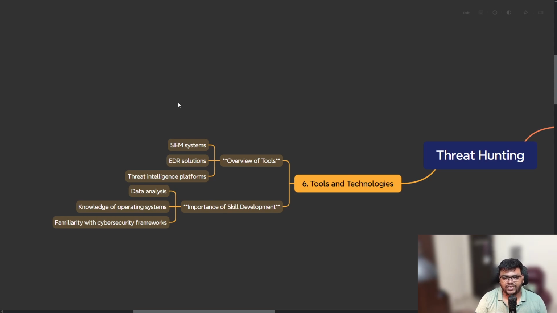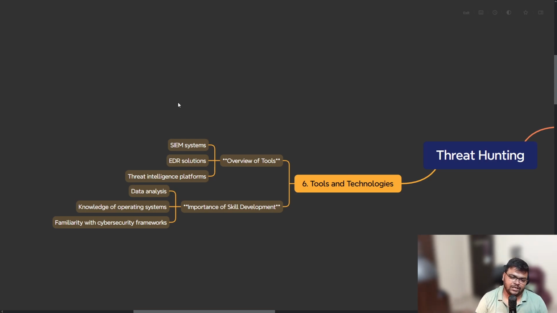That is when you figure out if this piece of data is important or not, what it actually means, and you pivot from there. So this entire process of data analysis, writing queries, slicing and dicing data, pivoting from one piece of data to another, and correlating is important, and it helps you in the entire process of threat hunting as well.